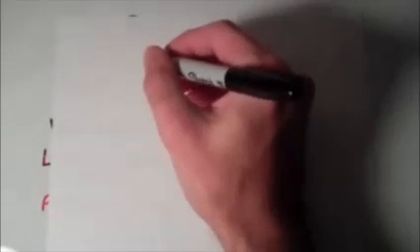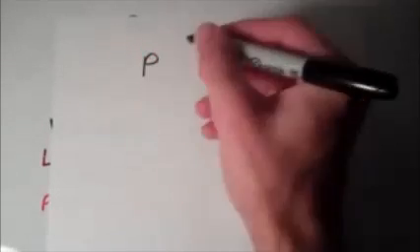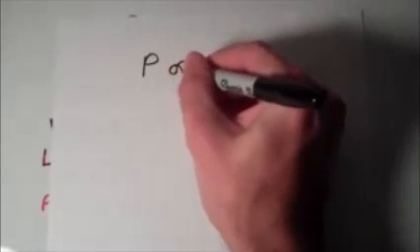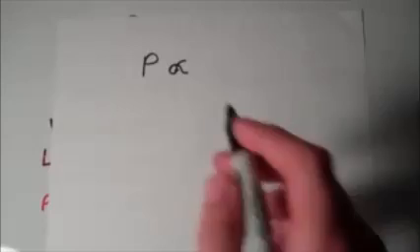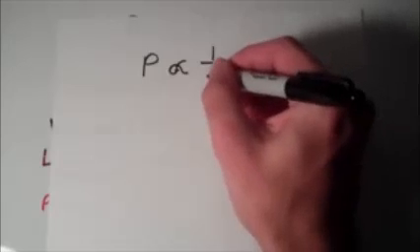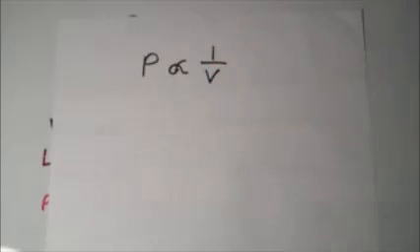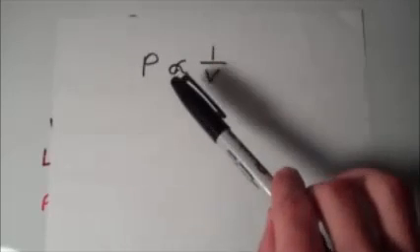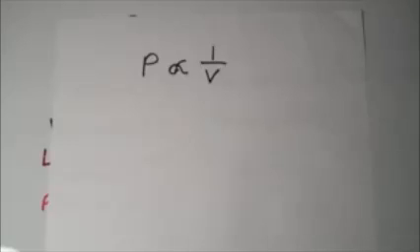So I'm going to write that in this way. I'm going to say that the pressure is proportional to, that's what this sign means. It's pretty poorly drawn, but this is supposed to mean pressure is proportional to the inverse of volume, so 1 over the volume. But I don't really like this proportional sign. I'd rather have a real equation.